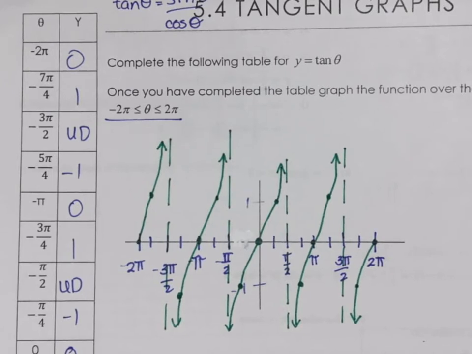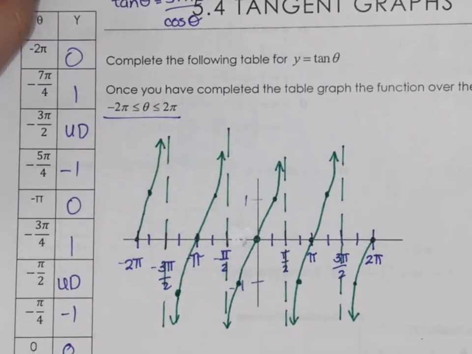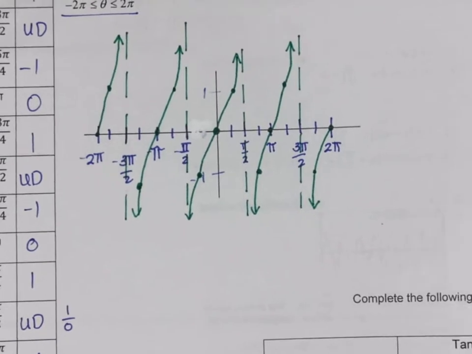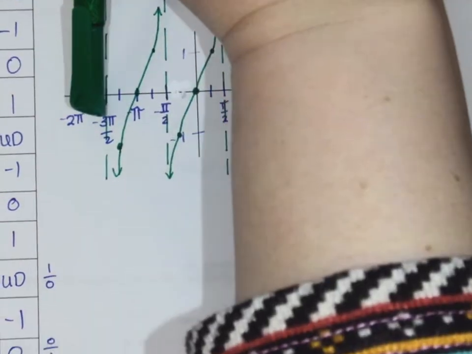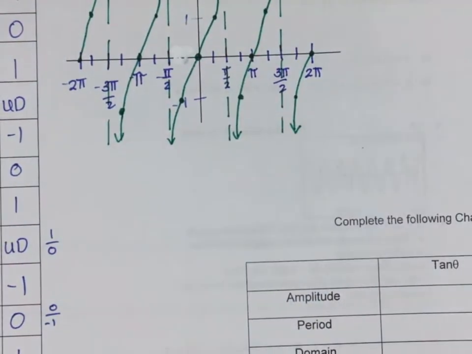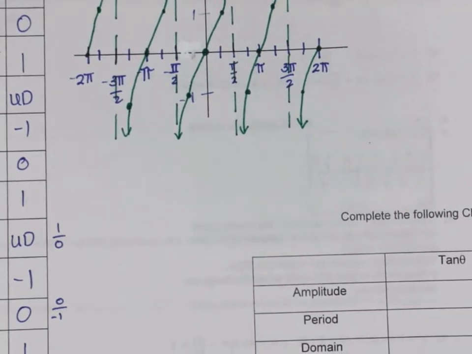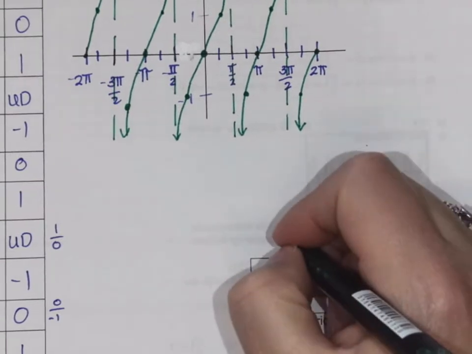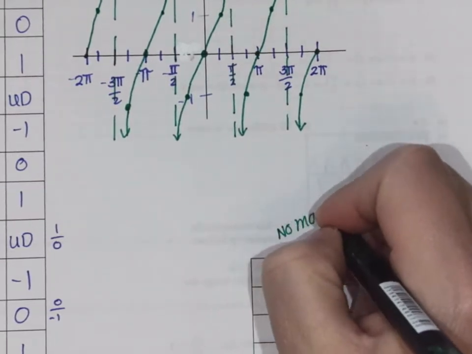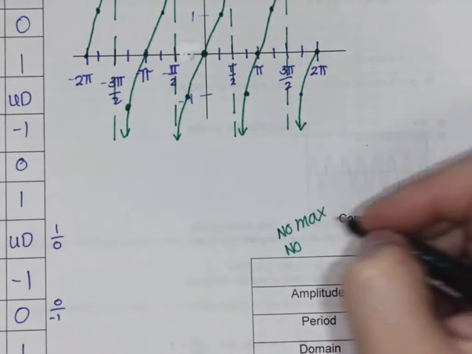That's pretty exciting. Now, let's talk a little bit about it. What's the amplitude of our graph? Do I have an amplitude? Better question, do I have a maximum? No. If there's no max, and on the other side there's no min, do I have an amplitude?